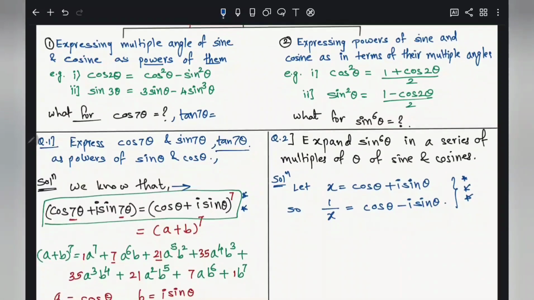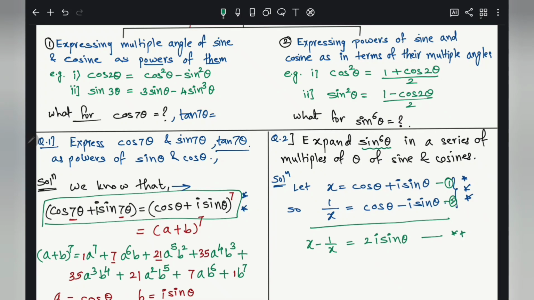And now next what we will do is, as we have been asked, it is sin^6 theta to find. So these two equations 1 and 2 I will subtract, and when I subtract this, I am going to get 2i sin theta. So this is a very important step, you should note.